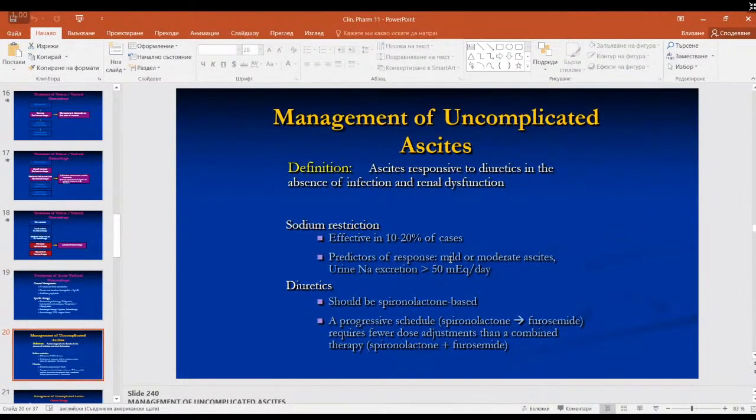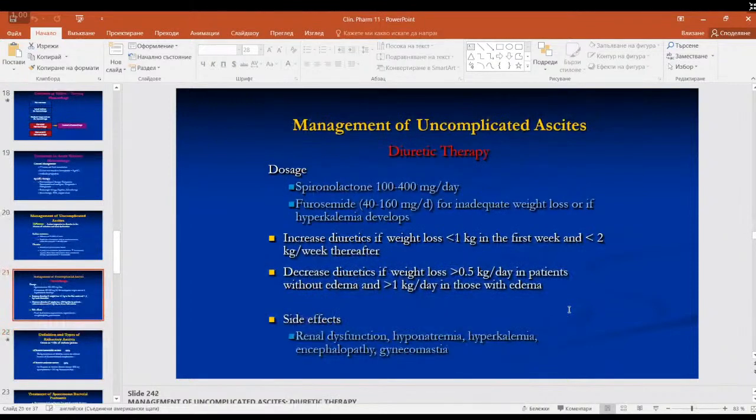Uncomplicated ascites. In patients with ascites, we need to follow the electrolyte levels and also use diuretics, mostly spironolactone, which is a potassium-sparing diuretic, but also furosemide, which is a loop diuretic. If you remember, we use spironolactone and furosemide also in heart failure patients, but at different doses.